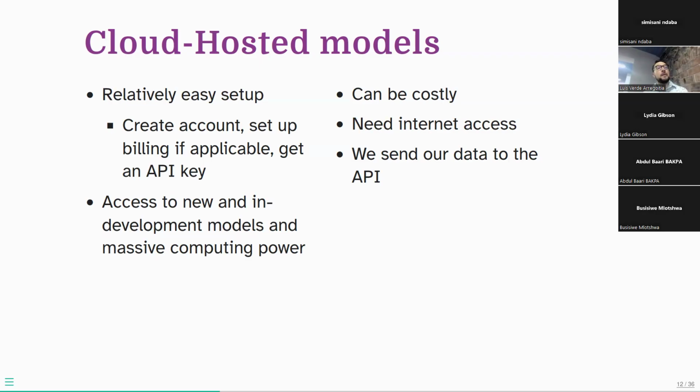Often we need to set up billing and give them our credit card number. And then we get an API key that I'll talk about later. And a good thing about these cloud-hosted models is that we can get access to some really new, cutting-edge models and to all the computing power that these servers have.